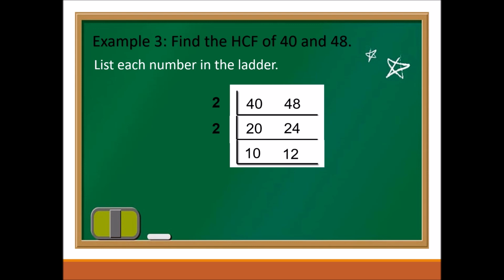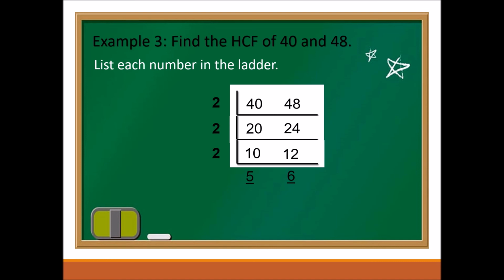Yes or no? Yes, which is 2. So 10 divided by 2 is equal to 5, and 12 divided by 2 is equal to 6.